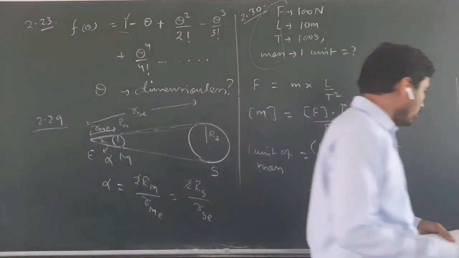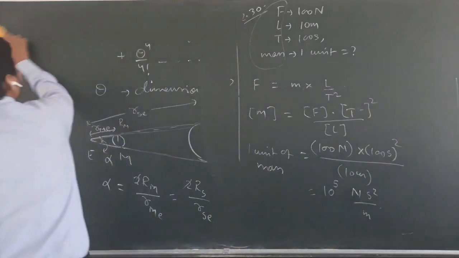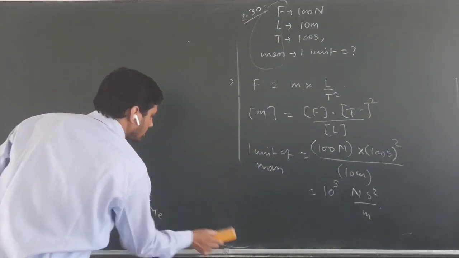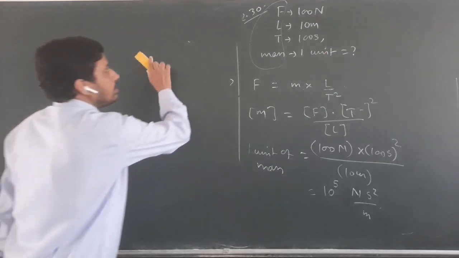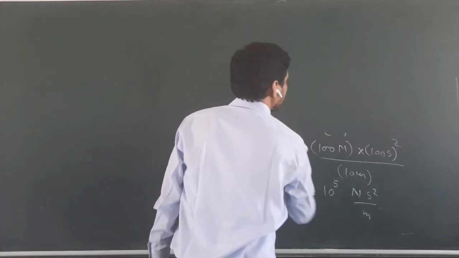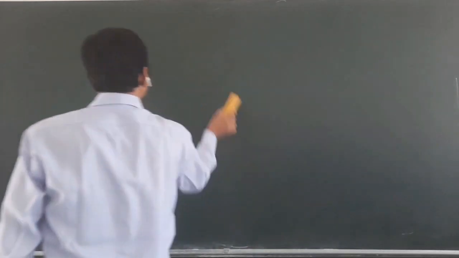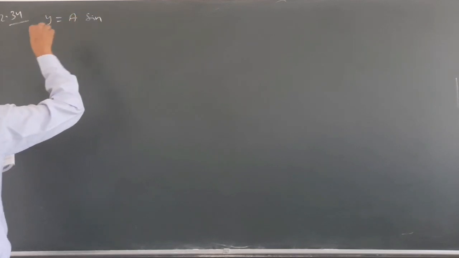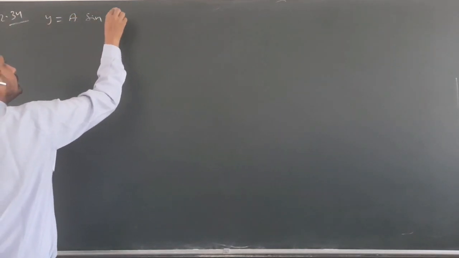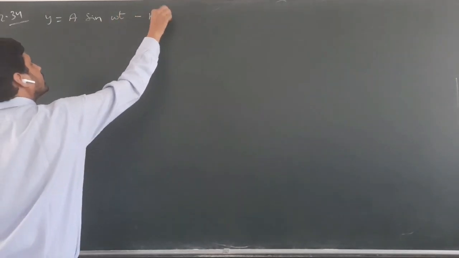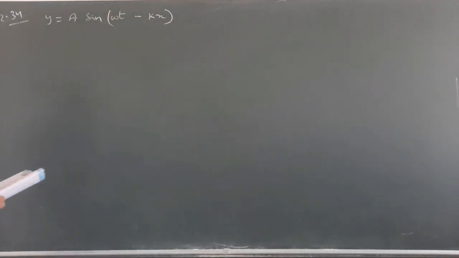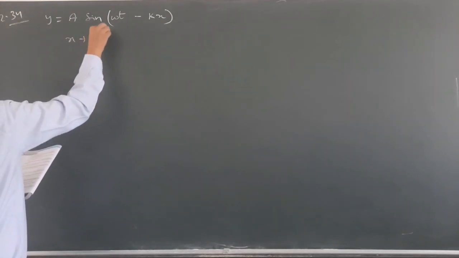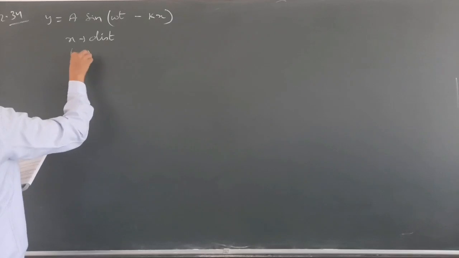Then I would like to do 2.34. An equation is given over here: y equals a sine omega t minus kx, where x is distance and t is time.